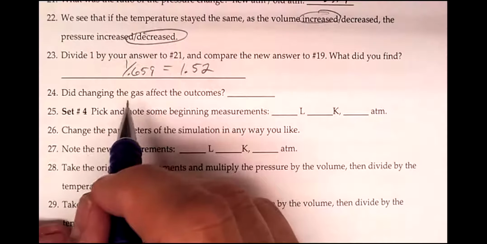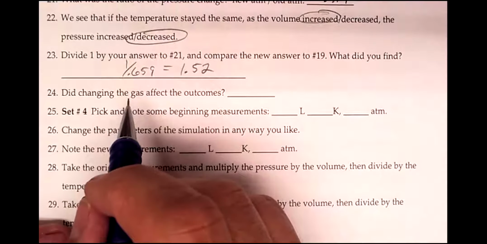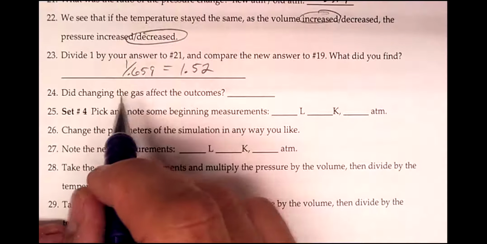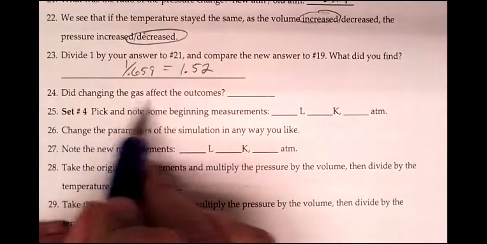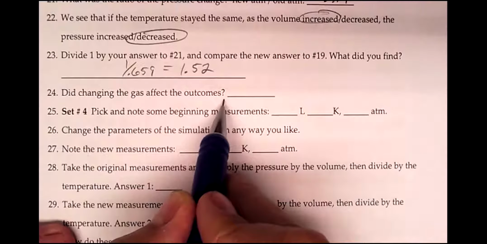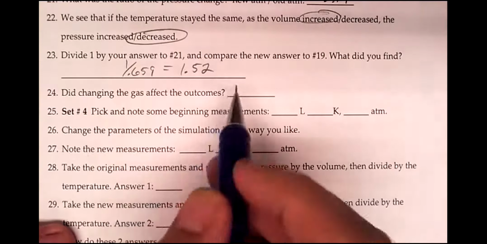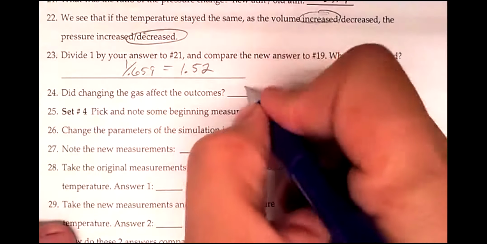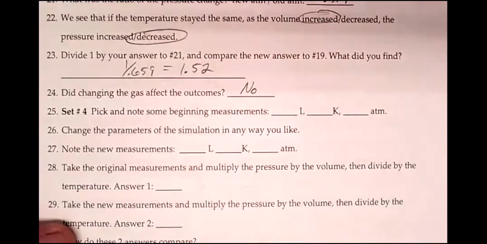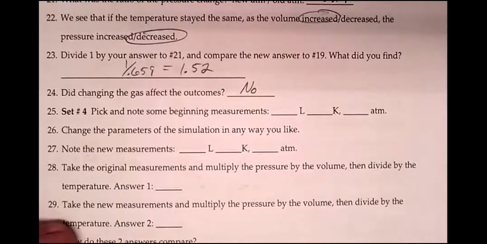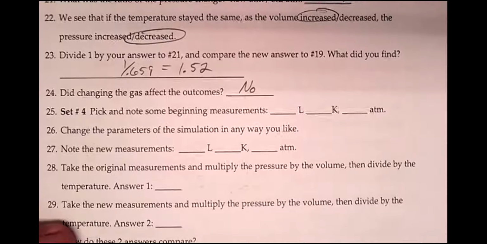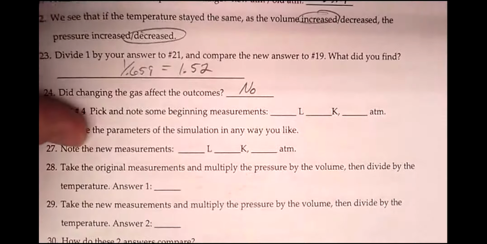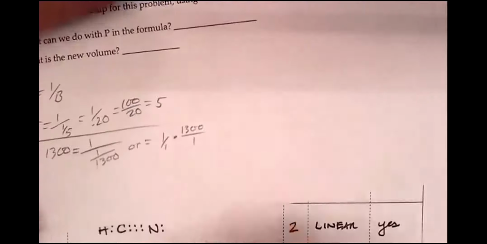And so partly that makes some kids remember, oh, I understand what inverse means now. But also, did changing the gas affect the outcomes, or did they work the same way? Did changing the gas affect the outcomes? No. My point for all my math and science people is, use the bottom as scratch paper again.